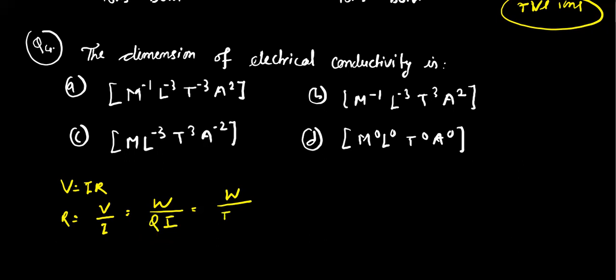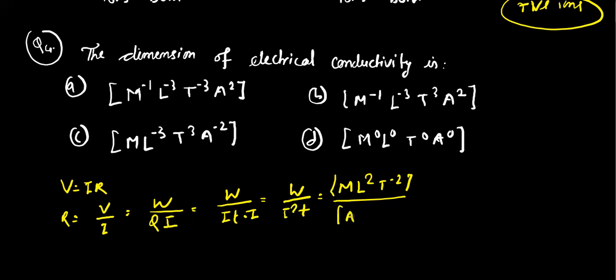Quantity of charge is the product of I into T, and here is I, so it will be I square T. As we know that work done is the product of force and distance, that's why its dimension will be ML²T⁻², and this is I², that's why its dimension is A², and this is T. So the dimension of resistance is ML²T⁻³A⁻². This is the dimension of resistance.